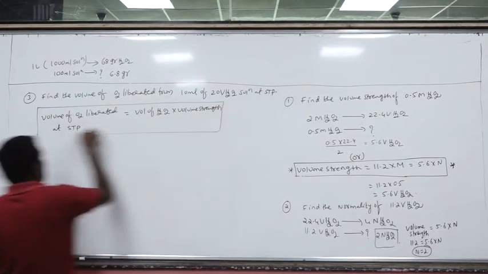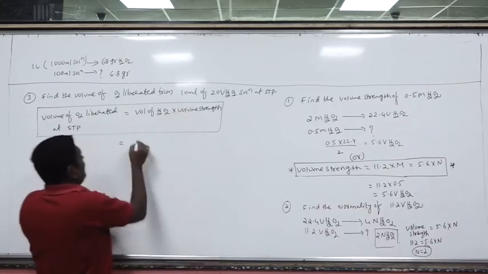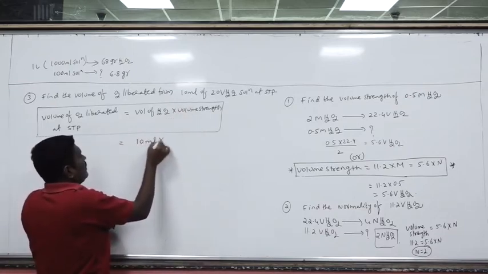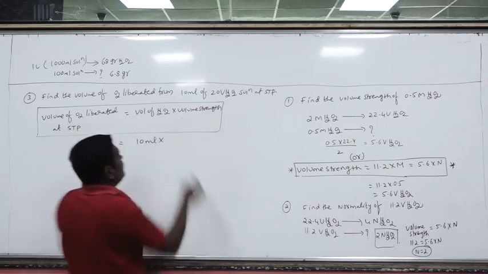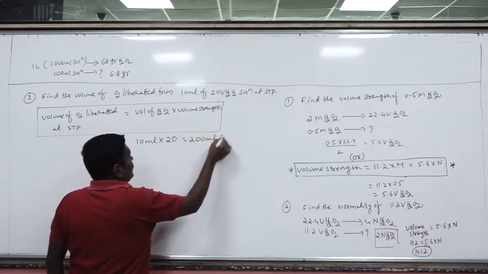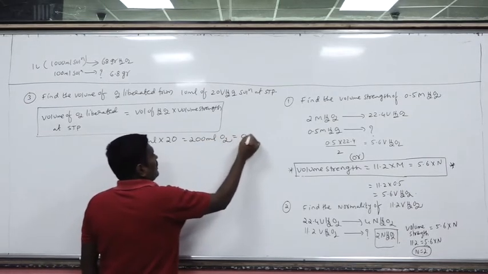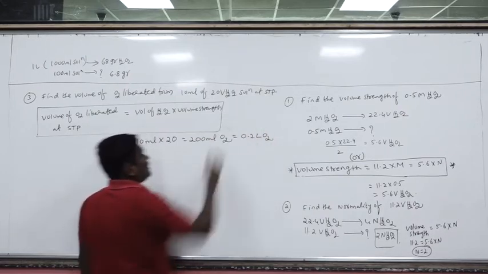Now, what is the volume of hydrogen peroxide given to you? 10 ml. What is the volume strength of H2O2 given to you? 20. So 200 milliliter O2 is the answer. Otherwise, 0.2 liter O2 is the answer.